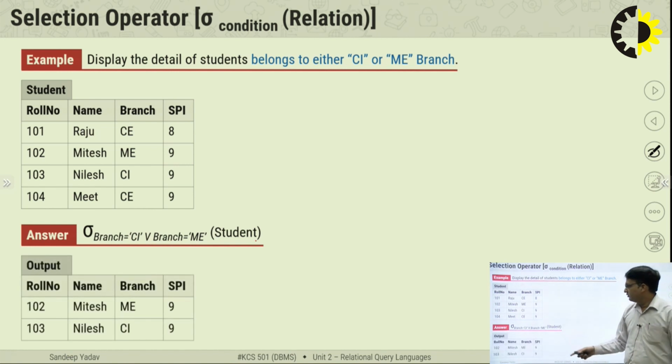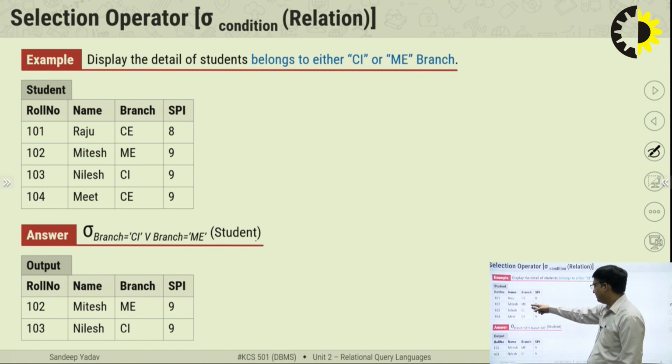Now, this will be the output. Mechanical branch is there and CI branch is there. So, the output will be 101, 103 Nilesh CI 9 and 102 Mitesh ME SPI 9.